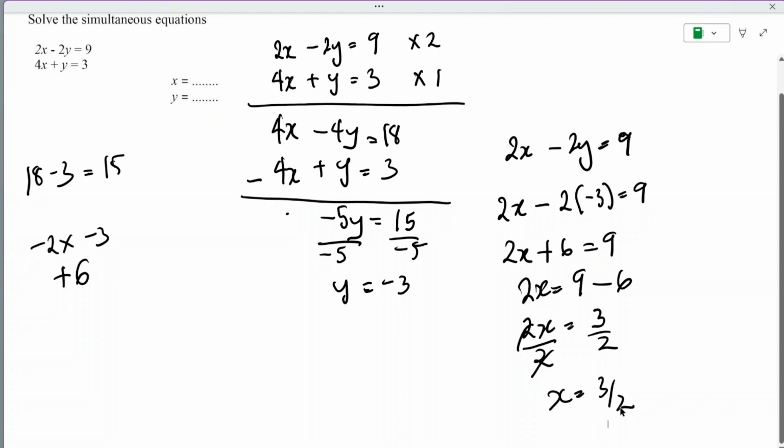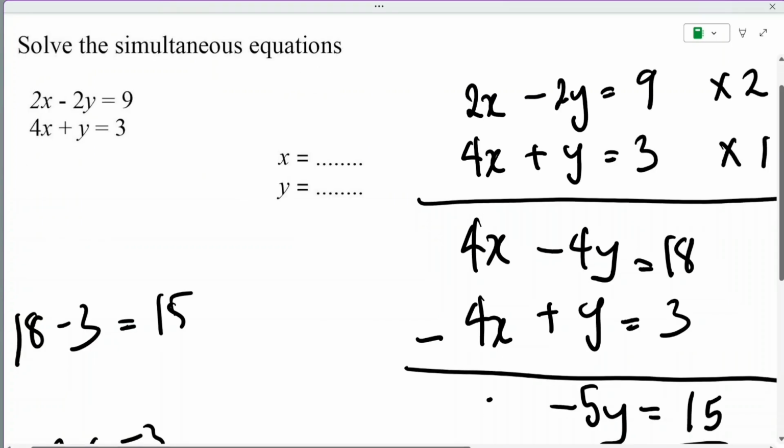Now, you have 3 divided by 2 as 1. That's 1. 2 can only go in 3 one time. Then the remainder is 1. So the remainder comes here over the denominator, which is 2. X is one whole number 1 over 2. So the answer to this question is x is one whole number 1 over 2 and y is minus 3.